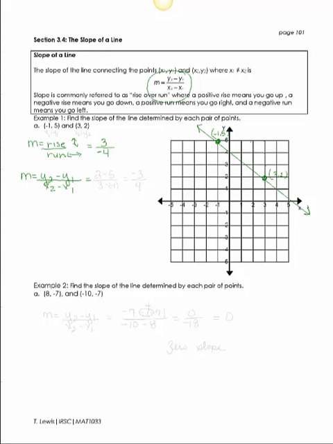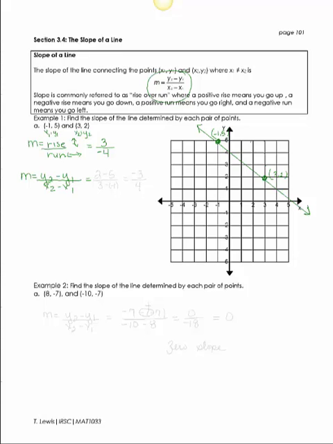And the points that we're using again are (-1, 5) and (3, 2). So keep in mind our ordered pairs are always x comma y, but how we label the points, we're talking about 2 different sets of points. The first set of points we're going to label with the subscript of 1. The second set of points with the subscript of 2.